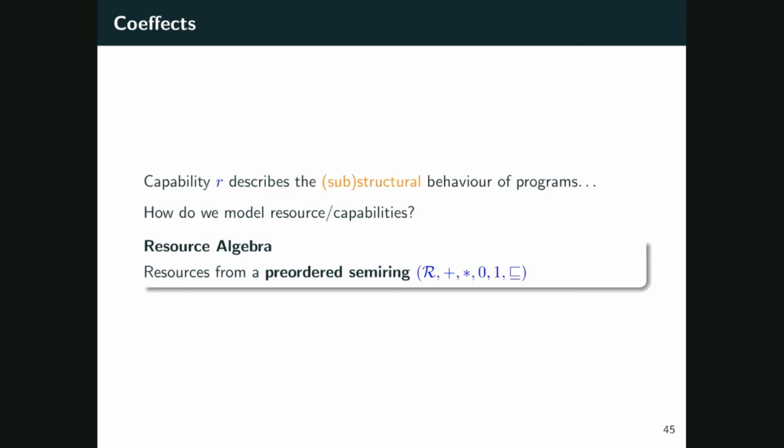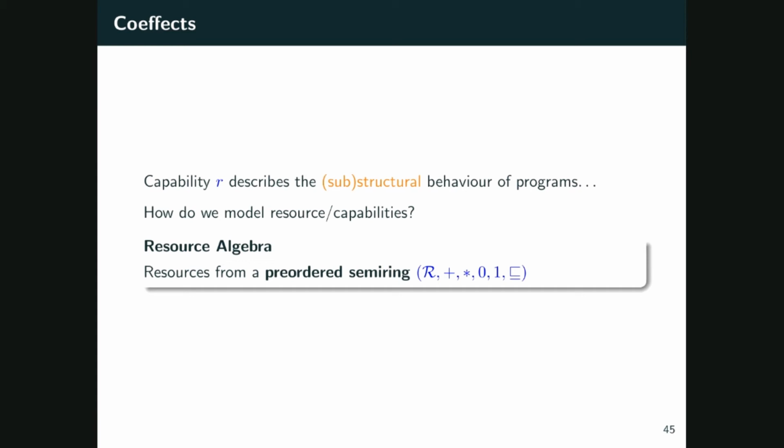And the kind of annotations that we have on these modal types, as I said, express the capabilities of programs, and more formally, they actually encode the structural behavior of programs. And in order to model this notion of capability, we consider a resource algebra.